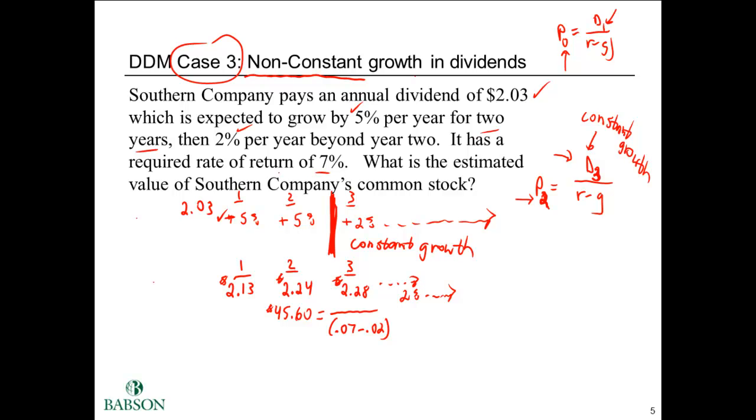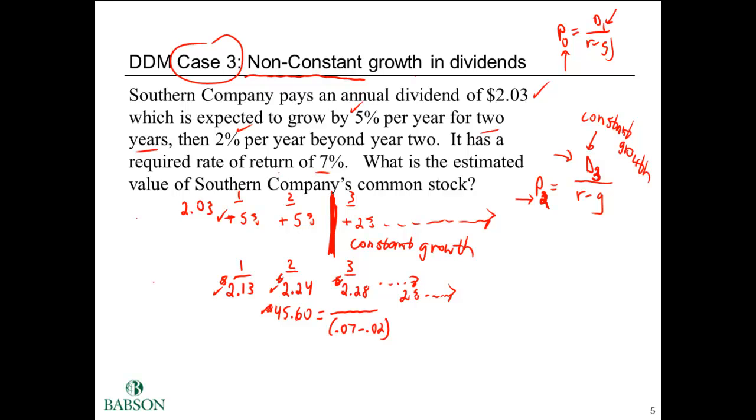So if you're an investor, let's look and see what you have. You're going to buy Southern Company stock today. It's going to throw off a dividend to you of $2.13 in year 1, $2.24 in year 2, and if you sold it in year 2, it would be worth, roughly speaking, $45.60.